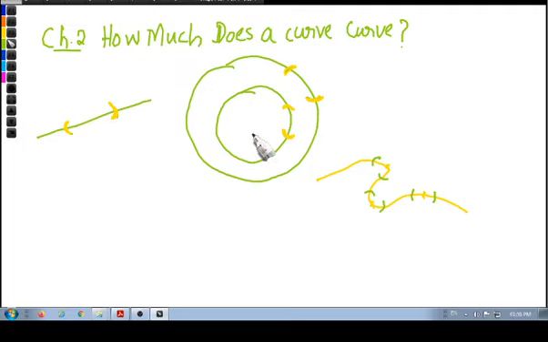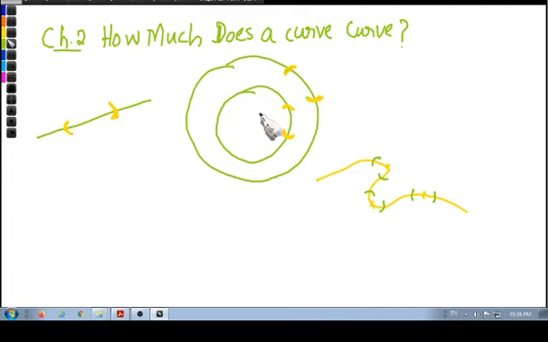And look at concentric circles. Take unit arc length on the smaller circle as well as on the bigger circle. In unit arc length, the smaller circle curves more than the bigger circle. So the curvature of the smaller circle should be greater than the curvature of the larger circle.